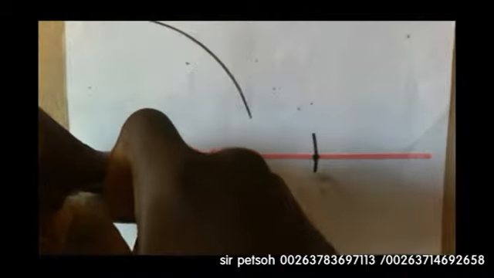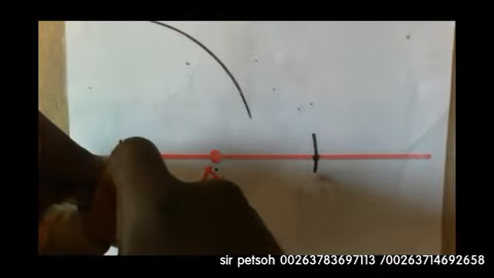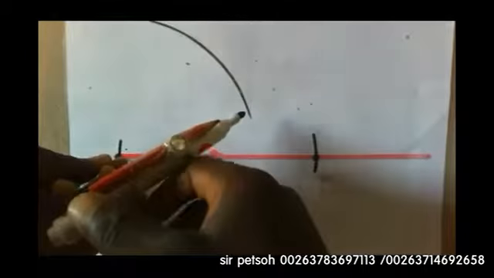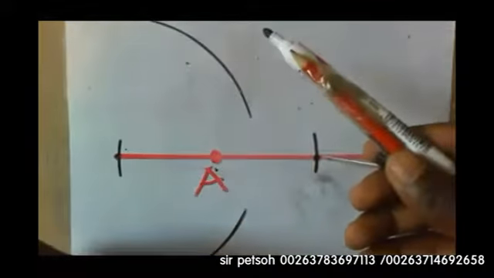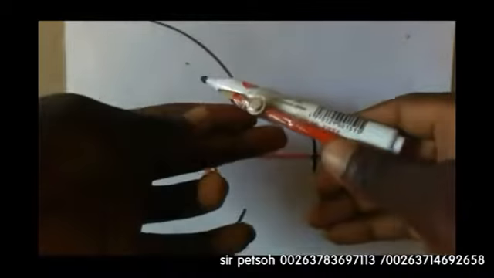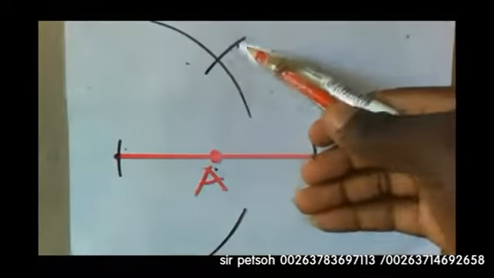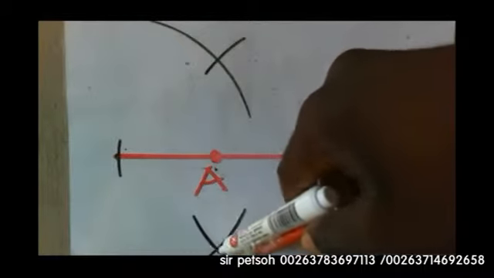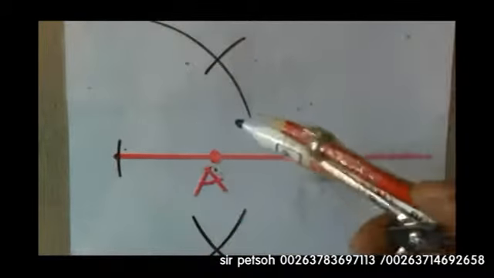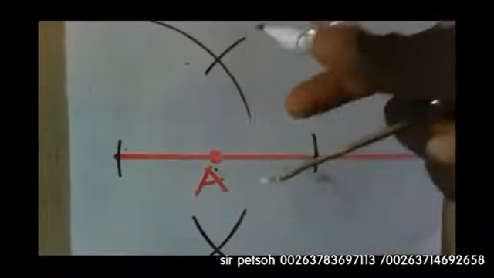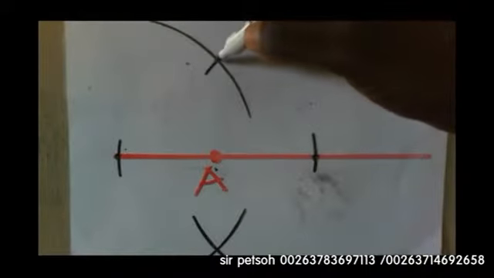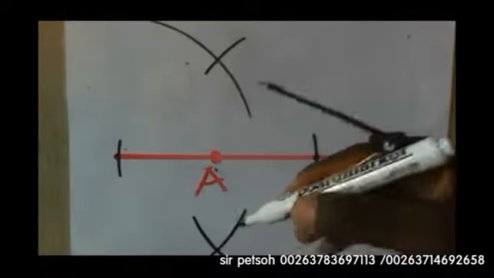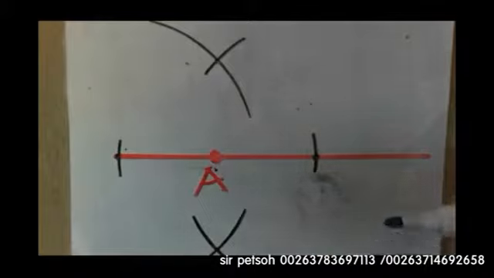Unfortunately, my paper is a bit small, but I think it will be sufficient. Then you come to the right side, arc above, arc below. That's sufficient. So you have to come up with the intersection of two arcs above that line and the intersection of two arcs below this line.